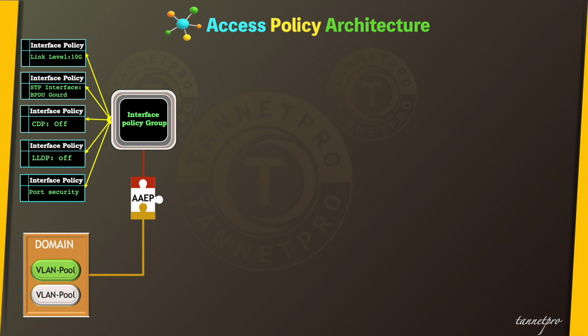This is where you get the options through which you can attach your domains through the AAP. Hope you got this point. Now we create policies, and merge them together in a group, which we are calling the interface policy group. So everything is ready.